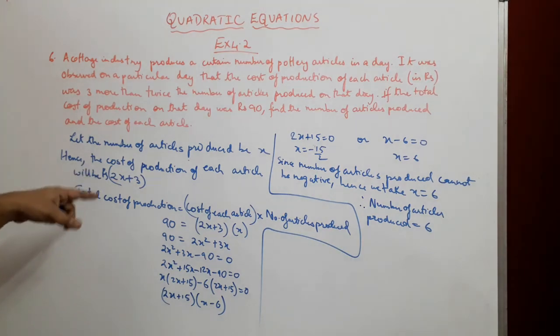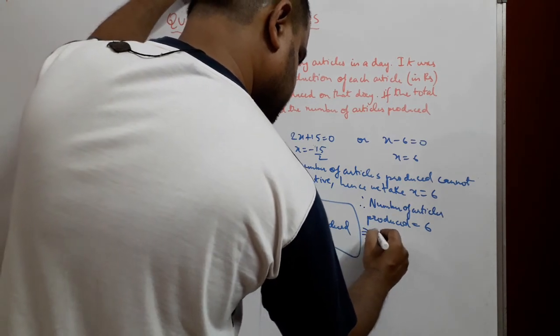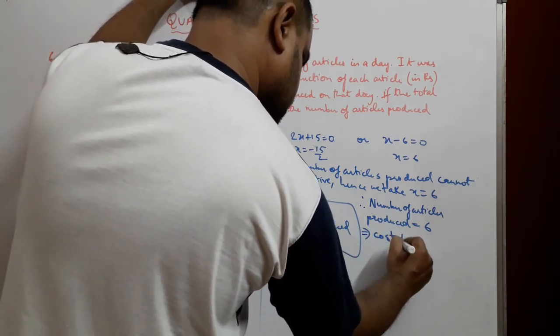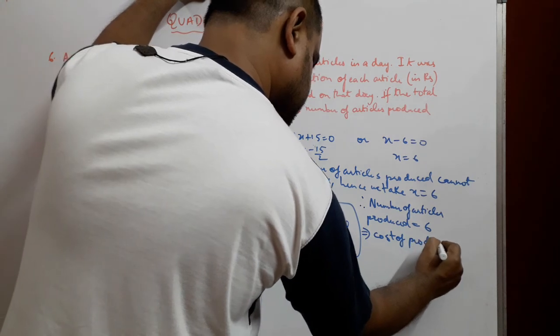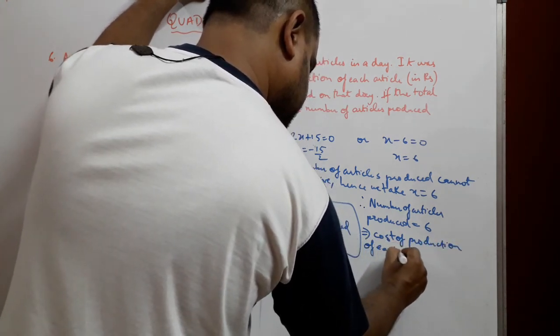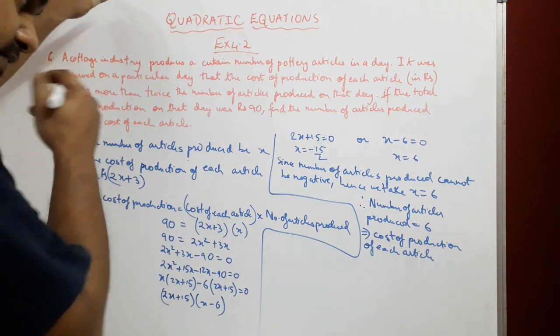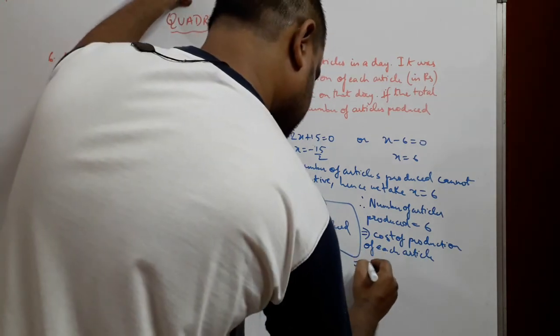And what is the cost of production of each article? So you can say, this implies cost of production of each article will be how much? That is 2x plus 3.